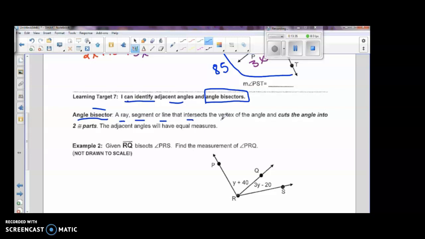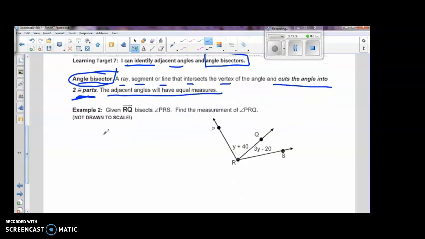An angle bisector is a ray, segment, or a line that intersects the vertex of the angle and cuts the angle into two congruent parts, so that the adjacent angles will have equal measures. So, let's take a look at an example.